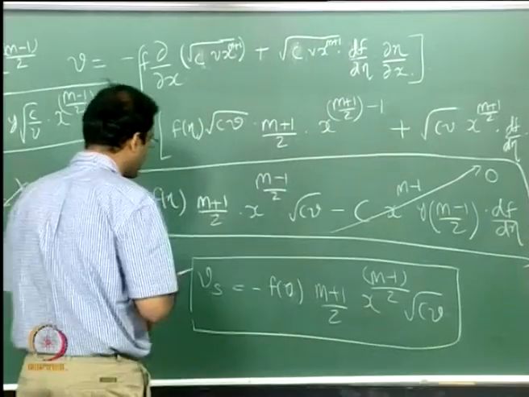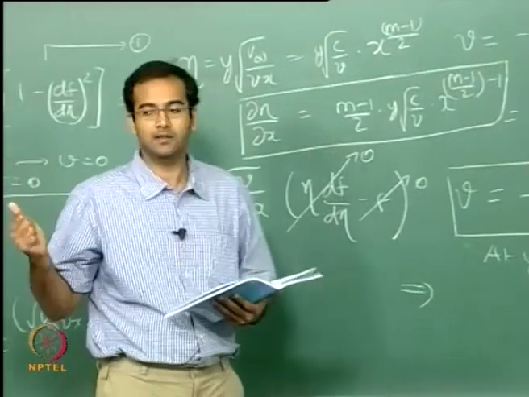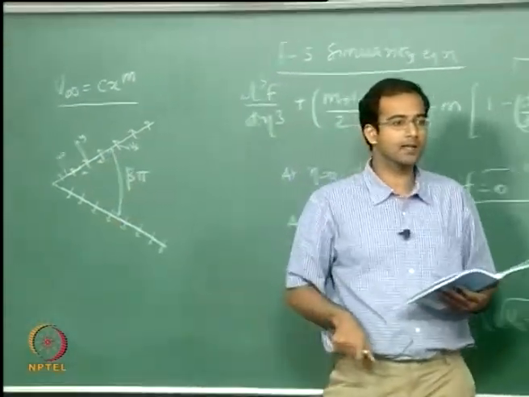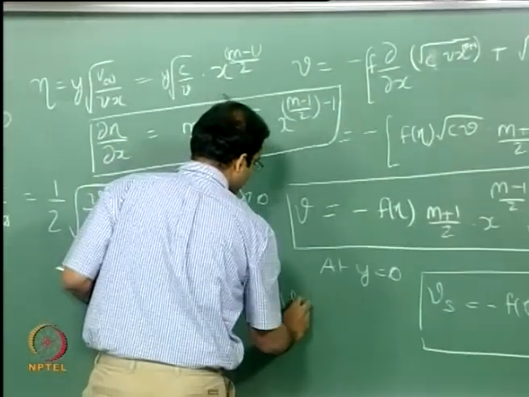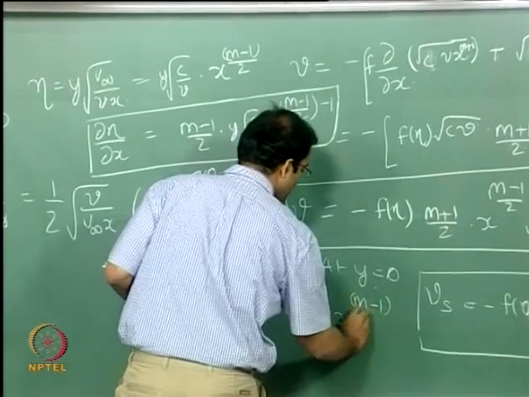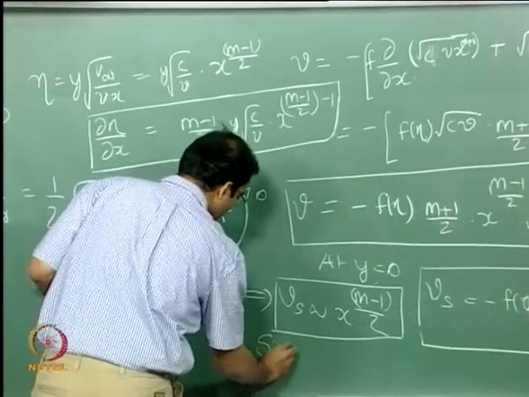So from this it clearly demonstrates that you can have a similarity solution to the Falkner-Skan problem with transpiration only if your velocity varies as x power (m minus 1) by 2. So only then the similarity solution is possible.